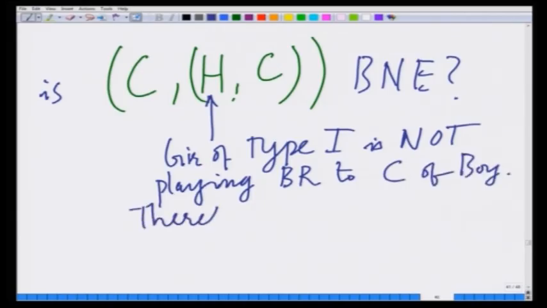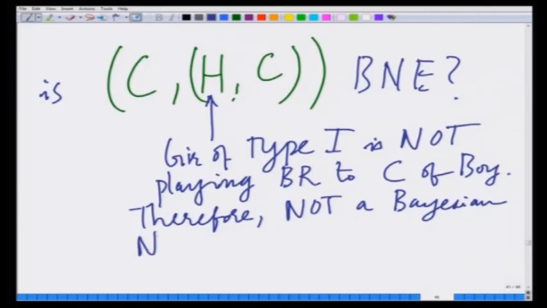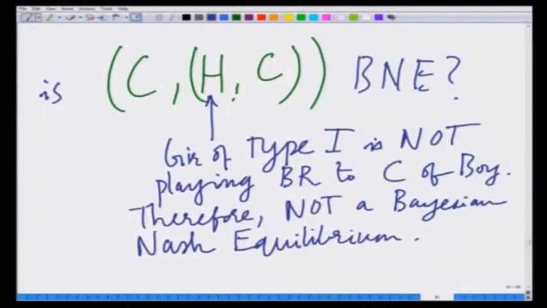Therefore, this is not a Bayesian Nash equilibrium. Remember, each player of each type has to play his or her best response. If the girl of type I is choosing H, that is not her best response, because her best response to C of the boy is to choose C, right. So, therefore, this is not a Bayesian Nash equilibrium.